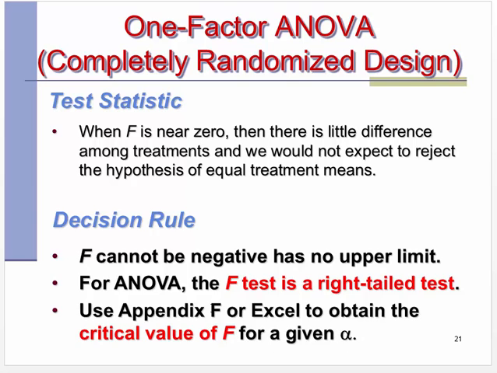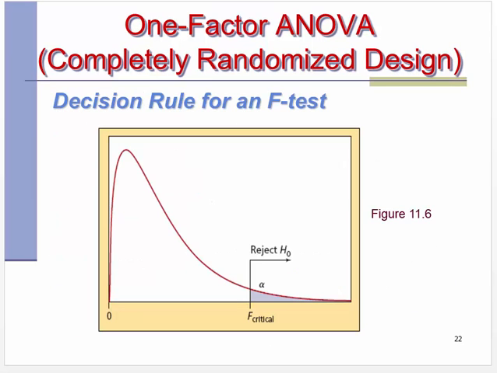At this moment you can pause and go to your textbook, and in the back you will see appendix F. You will see the F table, which gives you the critical value of F. Again, the F-test is the right tail test.